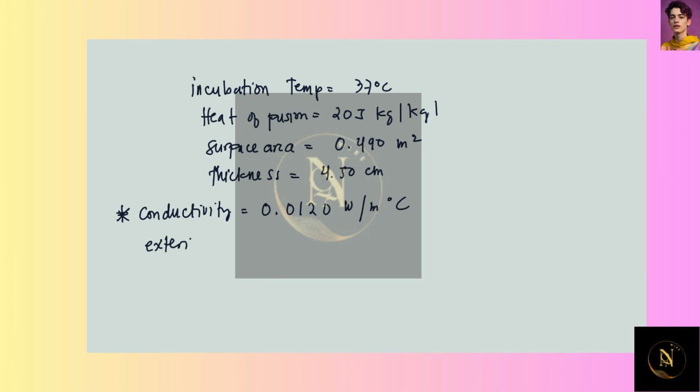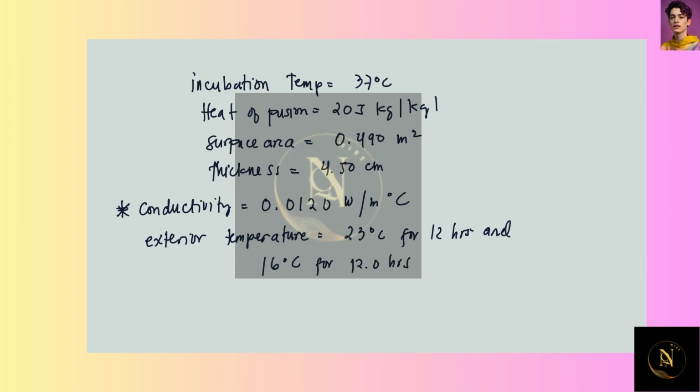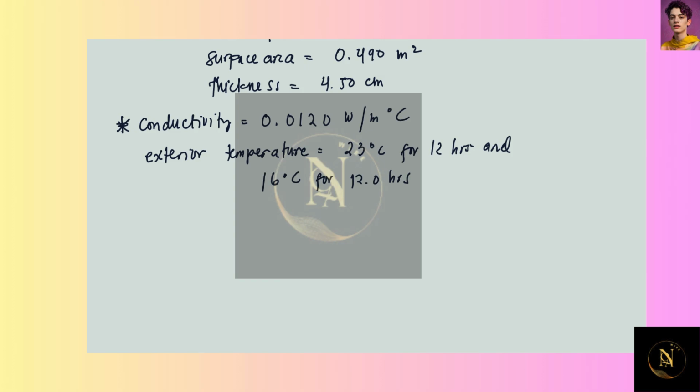We have our exterior temperature, which would be 23 degrees Celsius for 12.0 hours and 16 degrees Celsius for 12.0 hours. So we need to find the mass of the waxy material required to conduct the test.